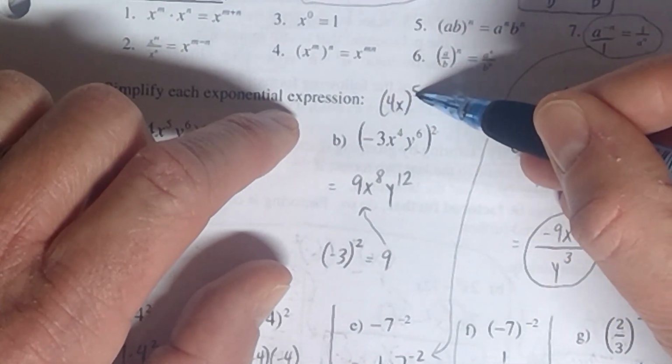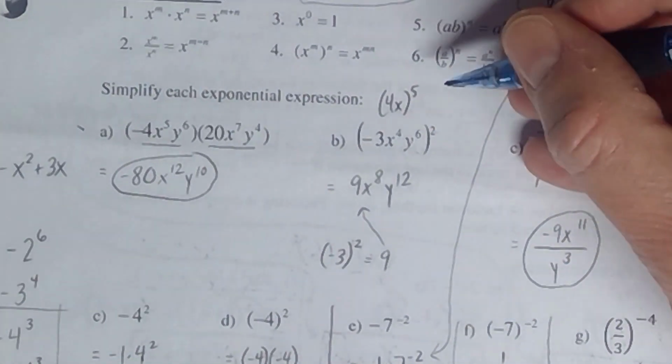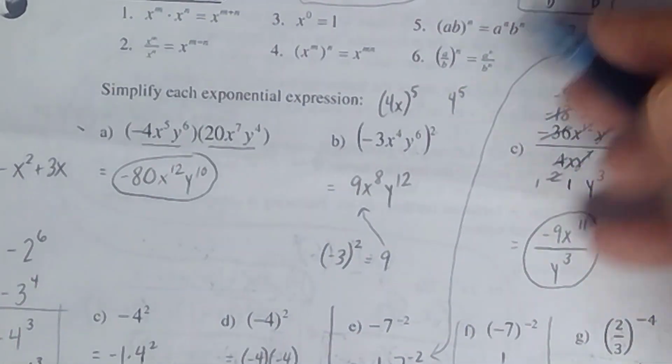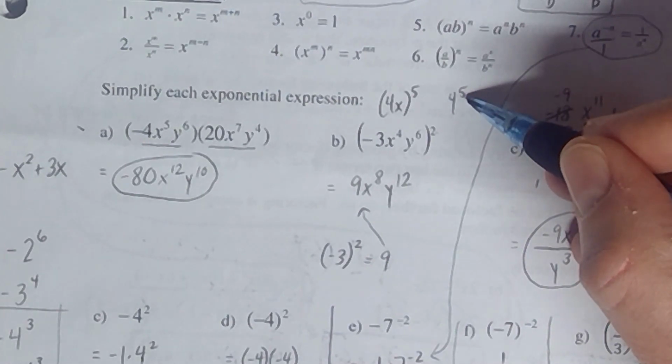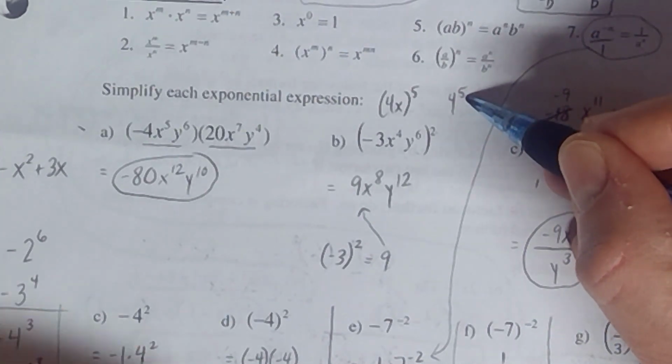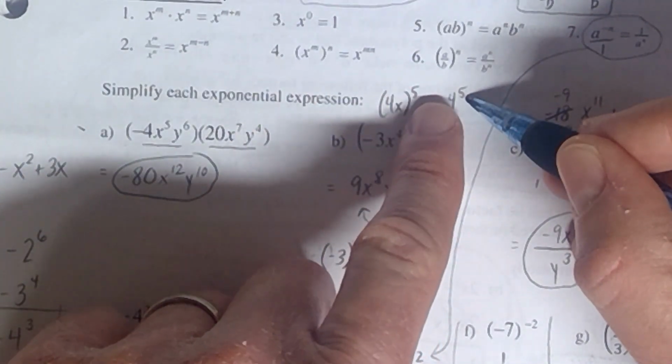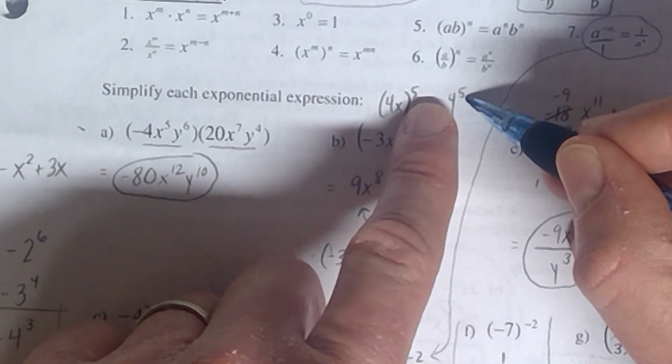You need to take 4 to the 5th power. You don't need to bracket it when it's positive, but you do need to do 4 to the 5th. If you put that in your calculator, that would be 1,024. So this thing right here would be equal to 1,024 x to the 5th.